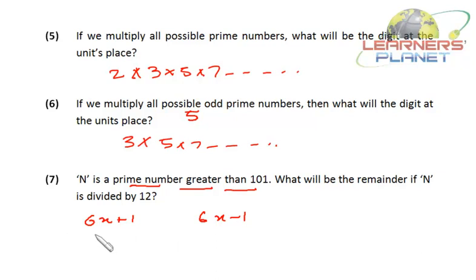That is, maybe I am having the prime number of 6x plus 1 format. So that n is 6x plus 1, or it may be 6x minus 1.